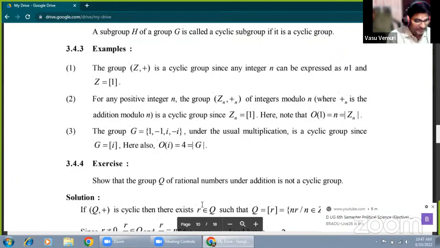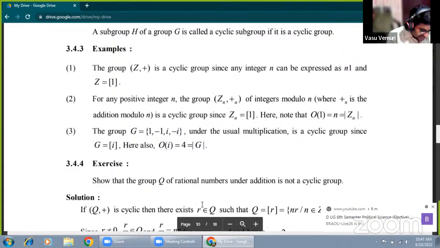Here 1 is the multiplicative identity, and G under multiplication is a group. If it is a cyclic group, 1 can also be written as omega cube equals 1, along with omega and omega square. The elements are omega power 1, omega square, omega cube.